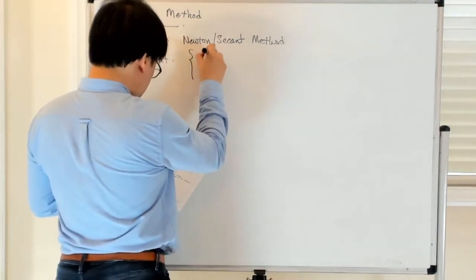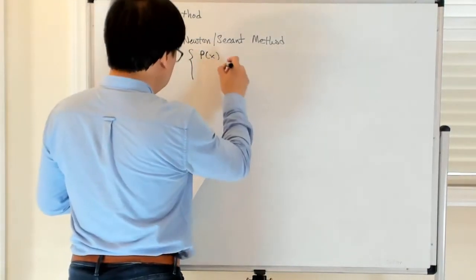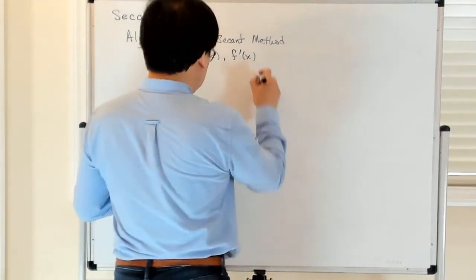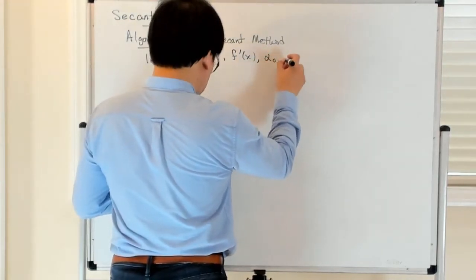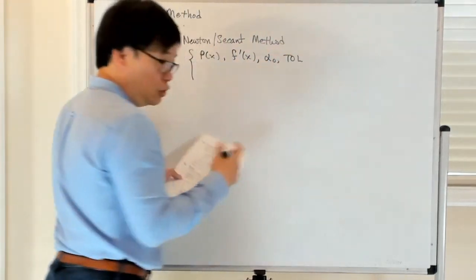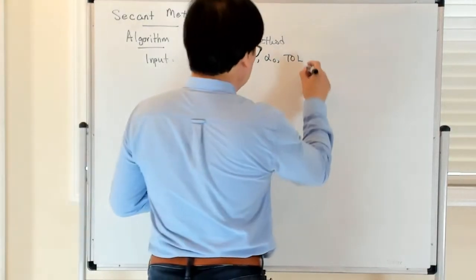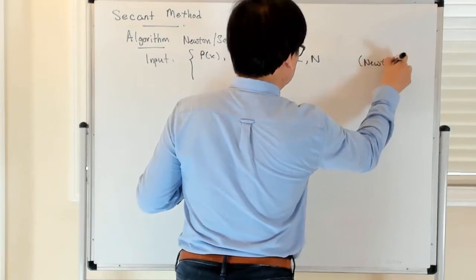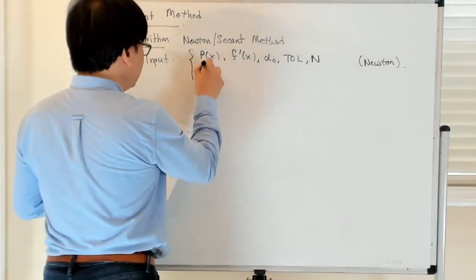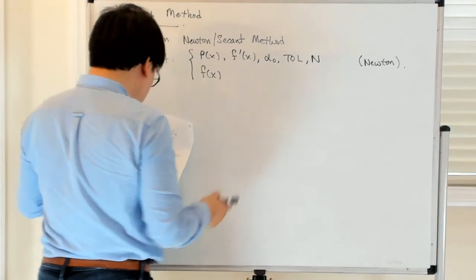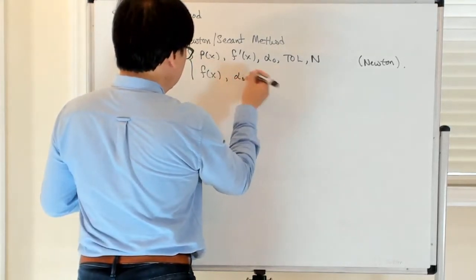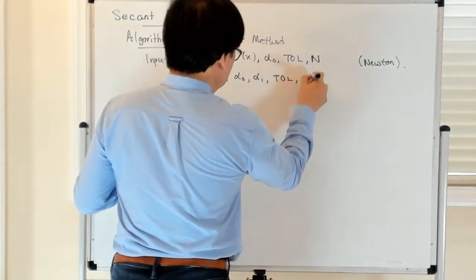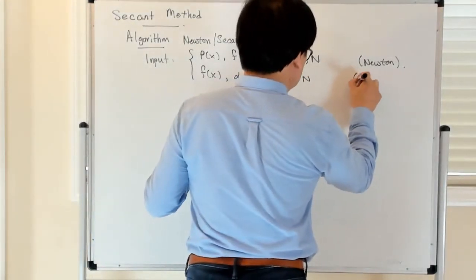All right, so the first case is for the Newton method. So the input is the function, its derivative, the initial point alpha 0, the tolerance to decide when to stop the method, and the maximum number of iterations, and this is for Newton. And then the secant method just requires the function value, two initial guesses, alpha 0, alpha 1, a tolerance, and again the maximum number of iterations. So this is secant.